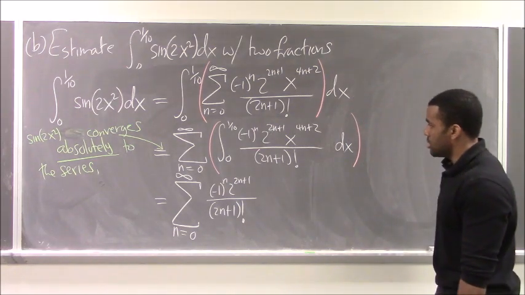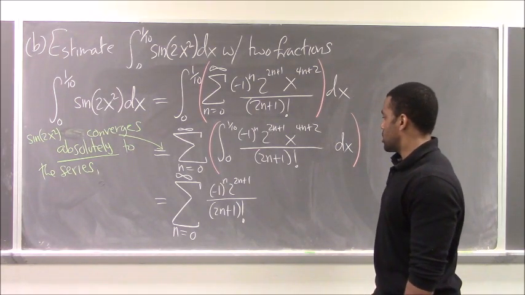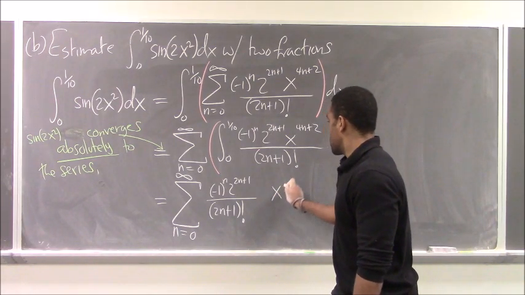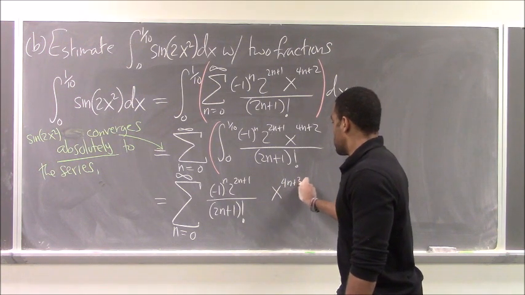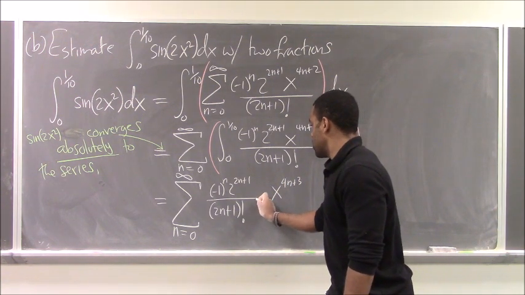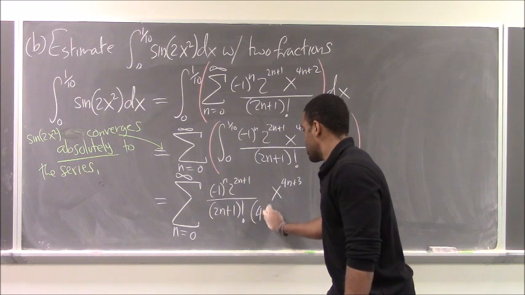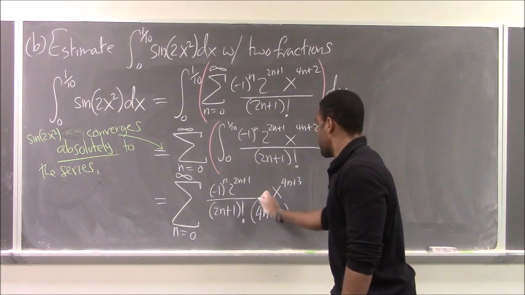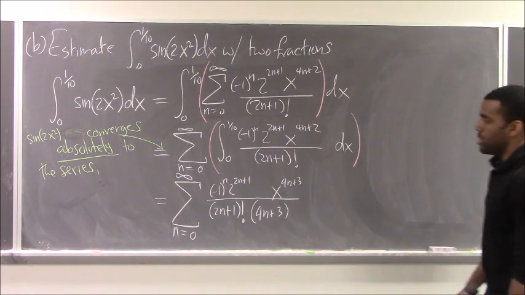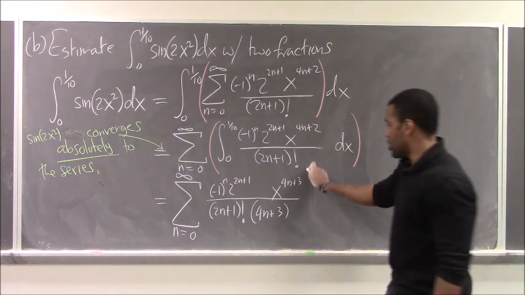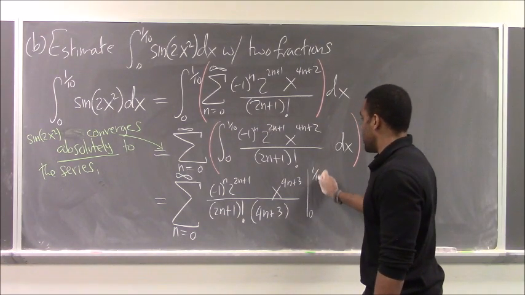So that's a constant, and then you multiply by x to the 4n plus 3 over 4n plus 3. Add 1 to the power, divide by the new power. That's the integral. Now, of course, we're going to plug in 0 and 1/10 here.